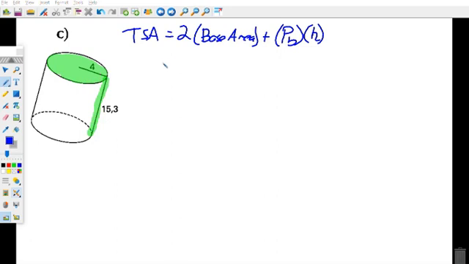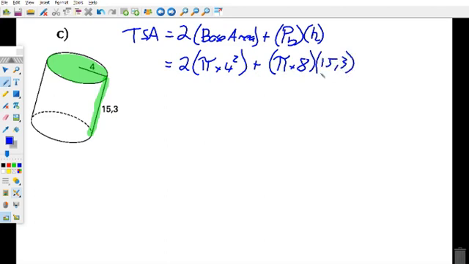So the base area is a circle, so it's going to be pi times r squared, and my r is going to be 4 squared, plus the perimeter of a circle. Another name for perimeter of a circle is the circumference, which is pi times the diameter, and the diameter is 8, multiplied by my height of 15.3.